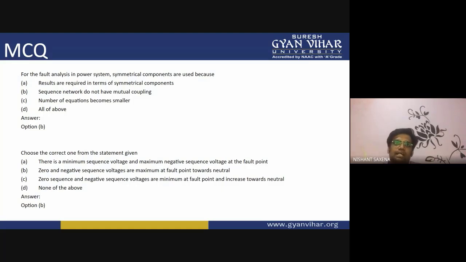Second, look at option C: zero sequence and negative sequence voltages are minimum at a fault point and increase towards the neutral. No, it is also wrong. It doesn't increase towards the neutral. The option left is option B, that is, the zero and negative sequence voltages are maximum at the fault point and decrease towards the neutral.